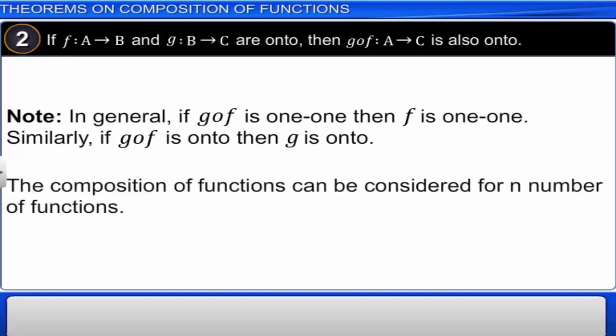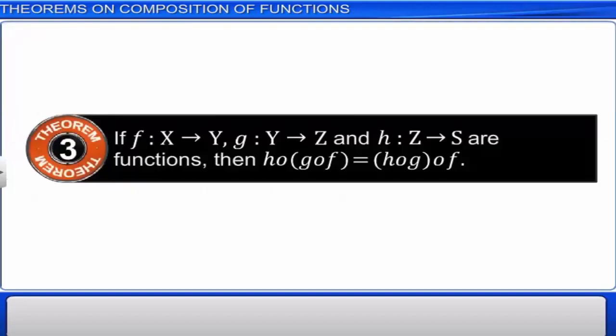The composition of functions can be considered for n number of functions, but in this class, we are discussing only three functions. If f is a function defined from X to Y, g is a function defined from Y to Z, and h is a function defined from Z to S, then the composition of functions satisfies the associative property.